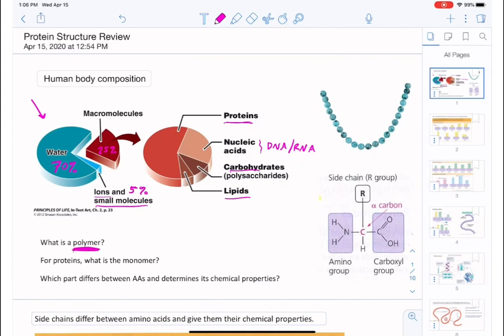So first of all, what is a polymer? A polymer is a molecule that's made up of a string of individual units. And this necklace up here represents a polymer. This whole thing is a polymer, and it's made up of these individual units.